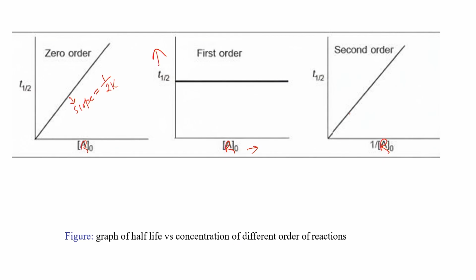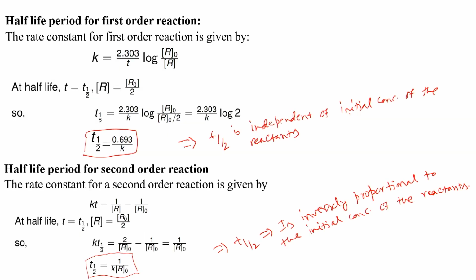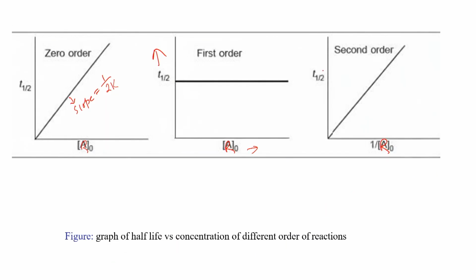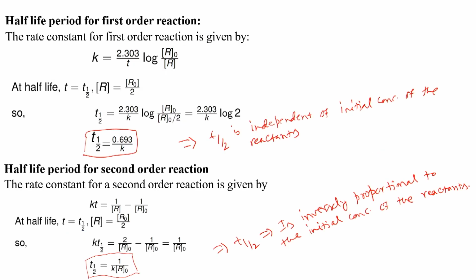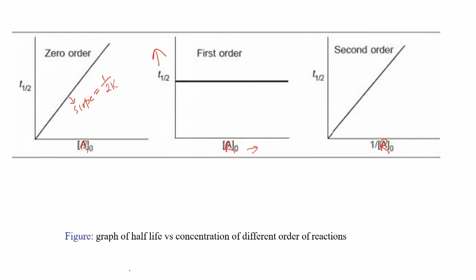Similarly, for a second order reaction, T half is 1 by K concentration of R naught. So, if we plot T half versus 1 by R naught, we get a straight line like this, passing through the origin, y equals mx.